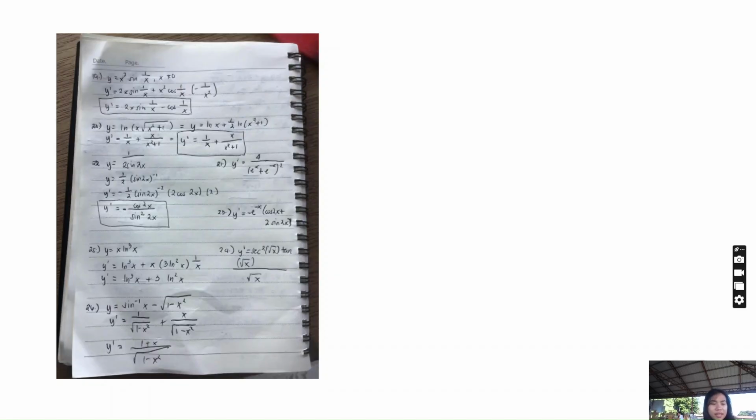So multiplying them all together, based on what we can multiply, we have obtained negative cos 2x over sine squared 2x. So again, we have put sine 2x to the power of negative 2 as a denominator because of its negative power.